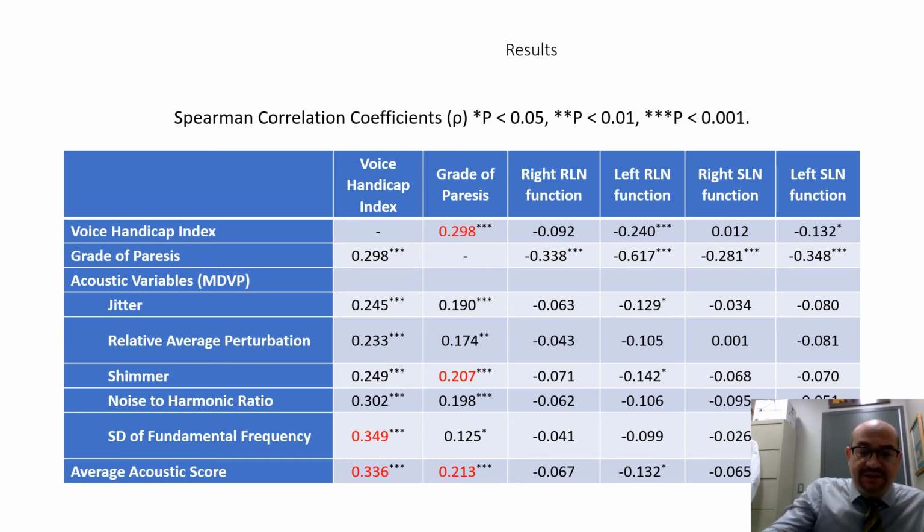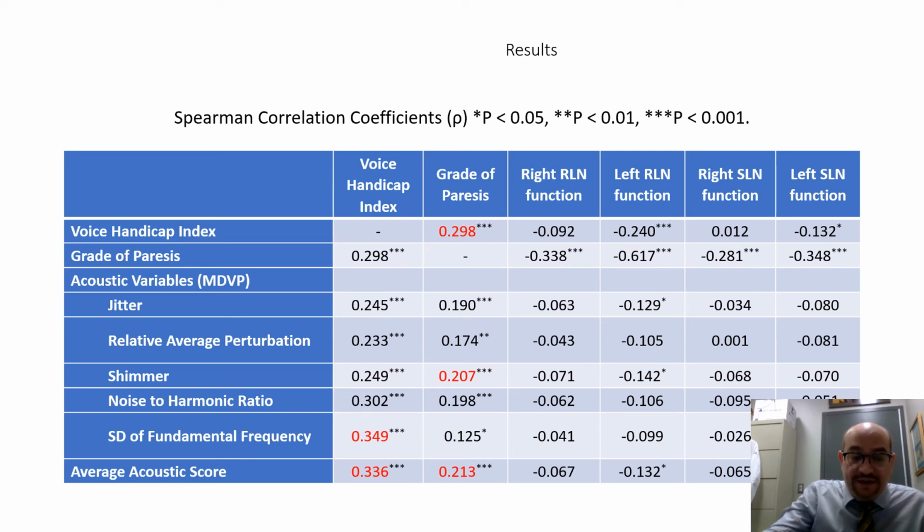We can see here that voice handicap index was better correlated with the average acoustic score than grade of paresis.